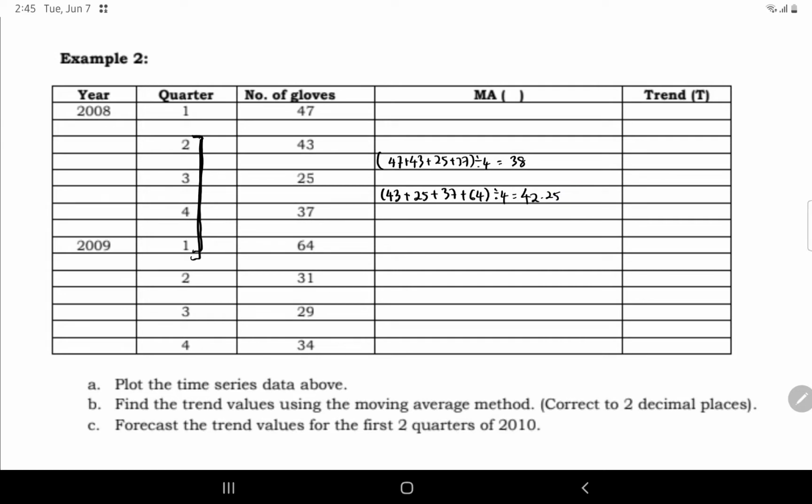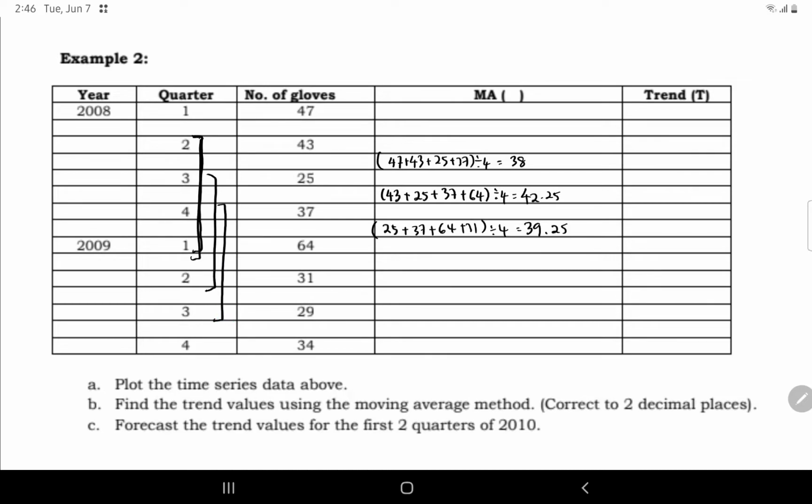And then kita ambil yang ni pula: 25 plus 37 plus 64 plus 31 divide by 4. The answer is 39.25.